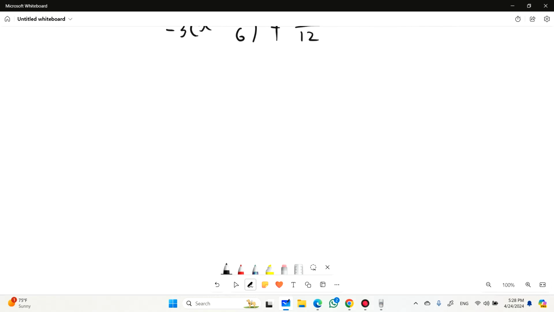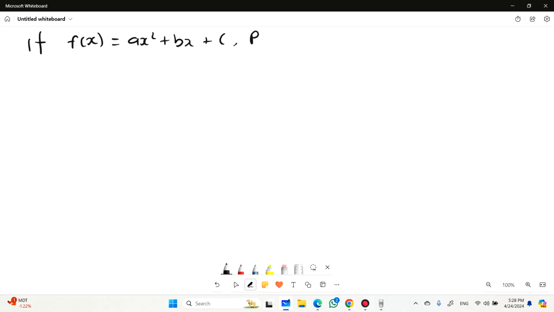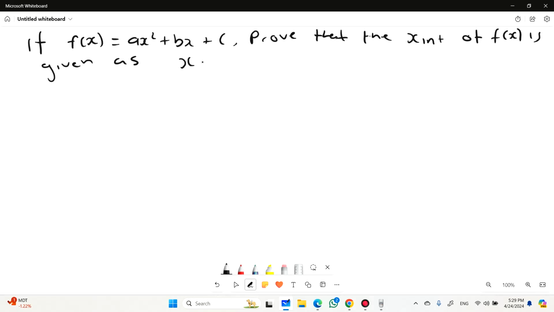And let us look at the last one here. Let's say if f(x) is equal to ax squared plus bx plus c, prove that the x-intercept of f(x) is given as x equals negative b plus or minus the square root of b squared minus 4ac, all divided by 2a.